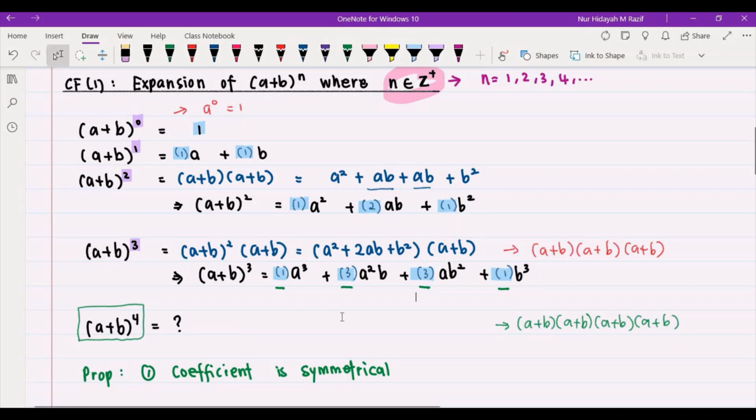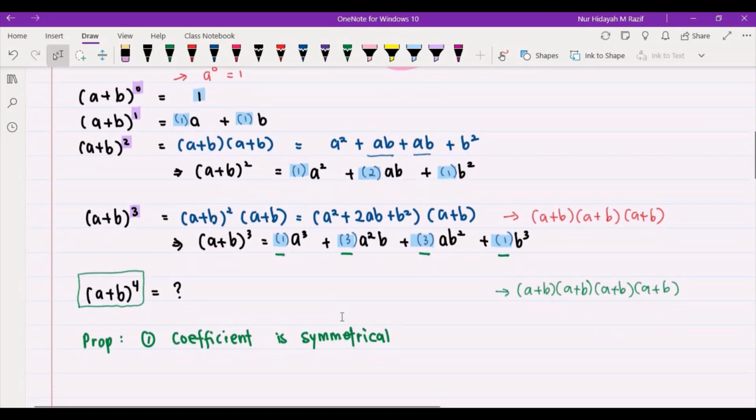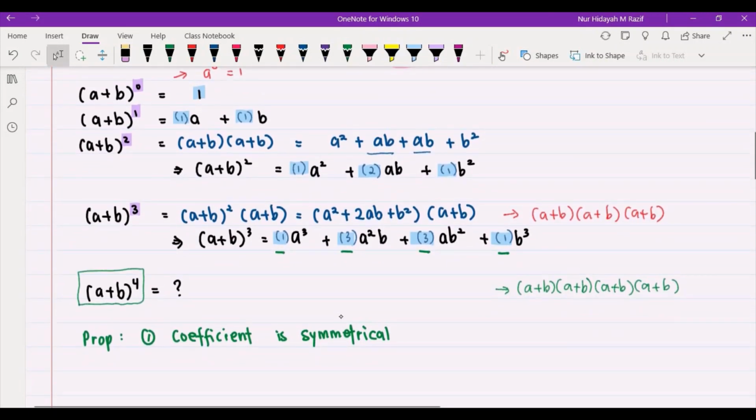Now let's take a look at another property based on what we just expanded. If you take a look at the power for a and the power for b, I'm going to start with (a + b) to the power of 1. There's no difference, both power 1. But what was not written here is that what I have is a raised to the power of 1 and b to the power of 0.